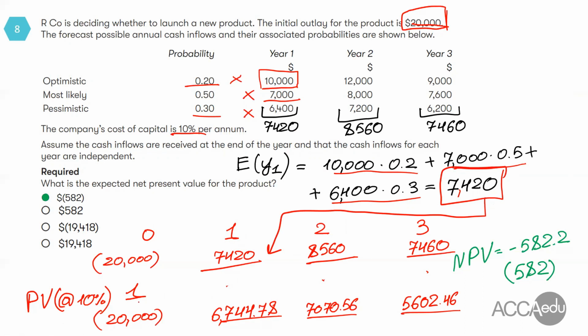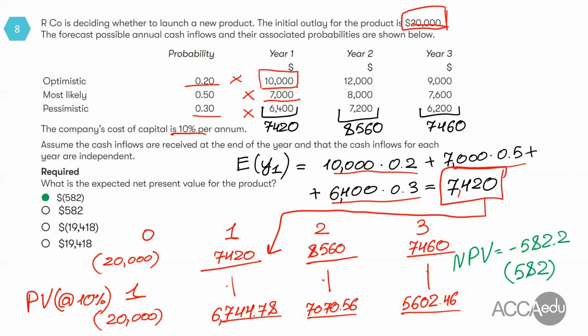So it's 20,000 because at time 0, the discount factor is always 1. These discount factors come from the present value table, which you can find in the question booklet, or if you're taking CBE, the formula sheet is provided.